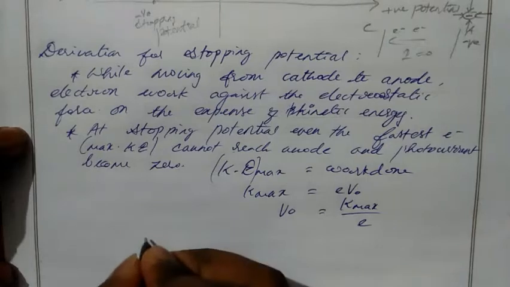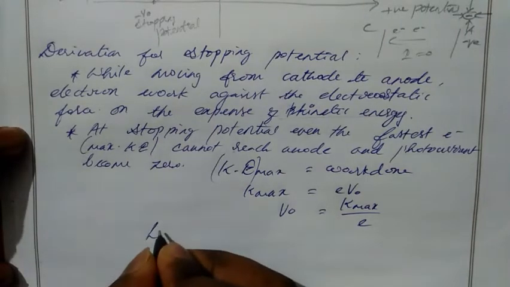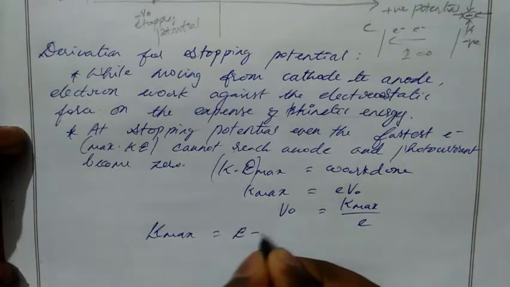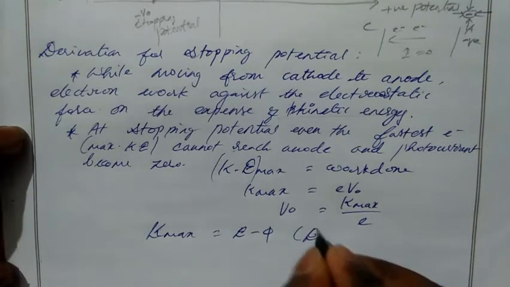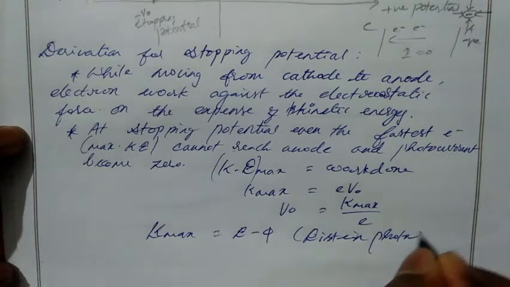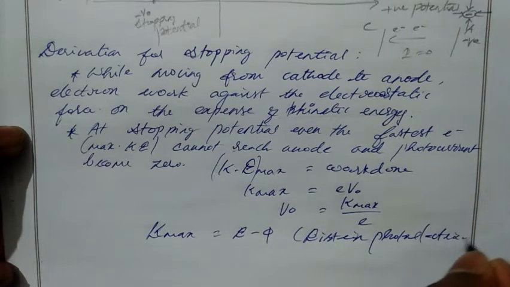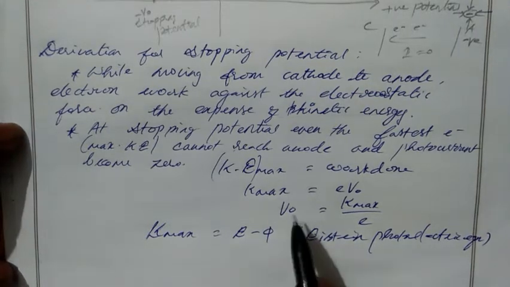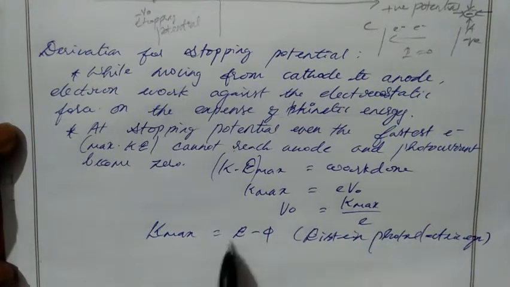We know Einstein's photoelectric equation, that is, K max equals E minus phi. This is Einstein's photoelectric equation. In this equation, instead of K max, substitute this value. So V naught equals, what is K max?